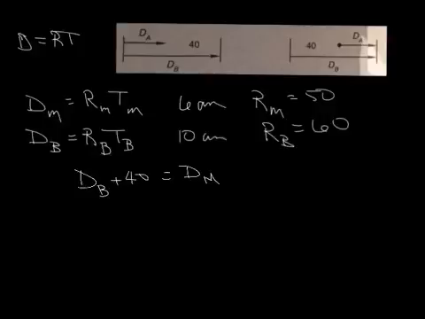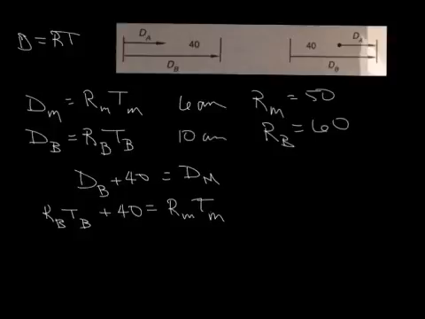So I took his distance plus 40, and then that equals her distance. Then I do my rate times time. And that's plus 40 equals the distance, which is rate times time. See what I did there? I just changed distance to RT for Beauregard. Distance for Millicent is RT.